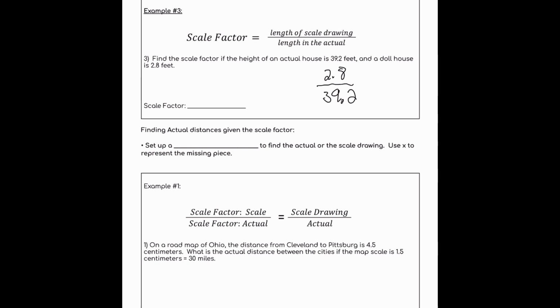I could either keep it like that, or I can take 2.8 and divide it by 39.2, and that equals a long, messy decimal.